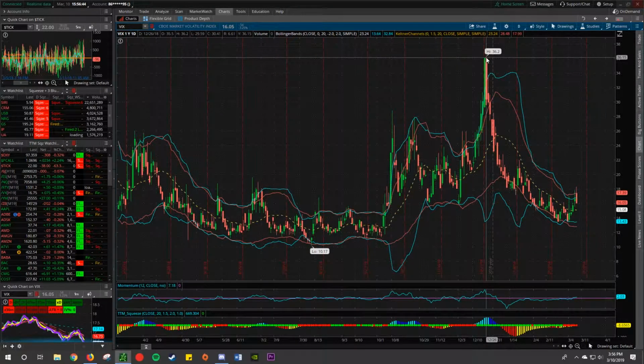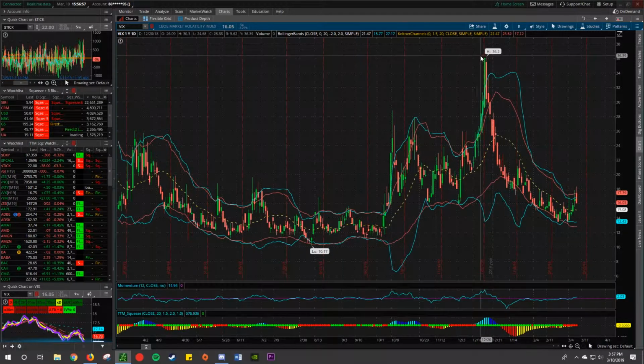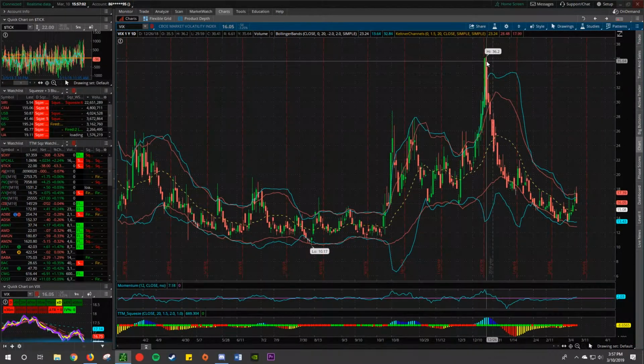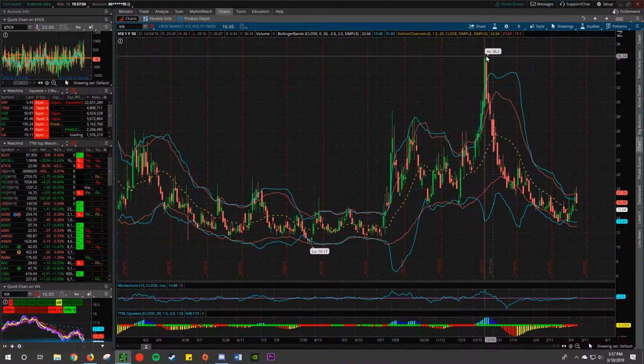This was that huge sell-off we had a couple days prior to Christmas, when everyone was trying to sell their positions before the end of the year, and just the craziness of that. After that is usually a big sign that this was very highly elevated.